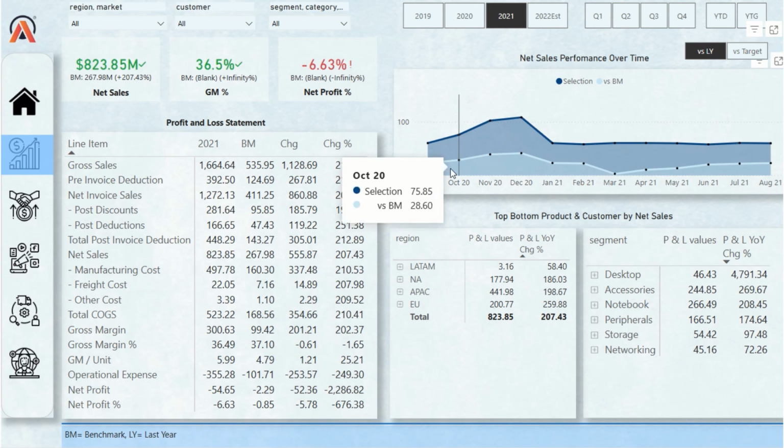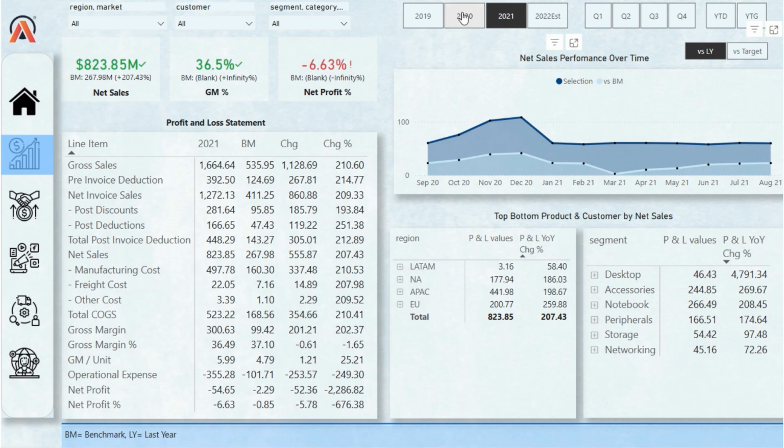This is the trend over the fiscal year. This is the segment-wise value, like region-wise how much they are performing and what the year-on-year change is, and this is segment-wise data simultaneously. As we can see, the total net sales for 2021 was 823 million.